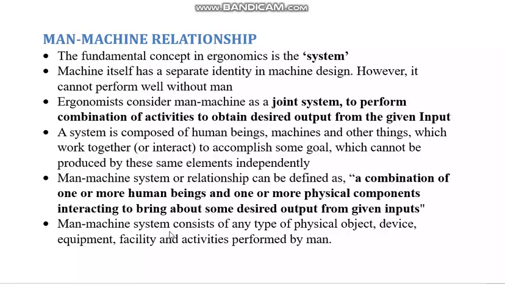A man-machine system consists of any type of physical objects, devices, equipment, facilities, and activities performed by man. It may consist of one physical object or many, and man performing the activities with the help of these physical objects.